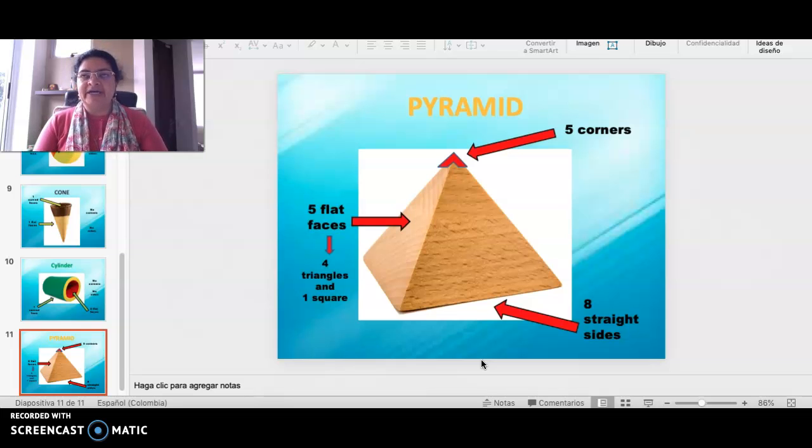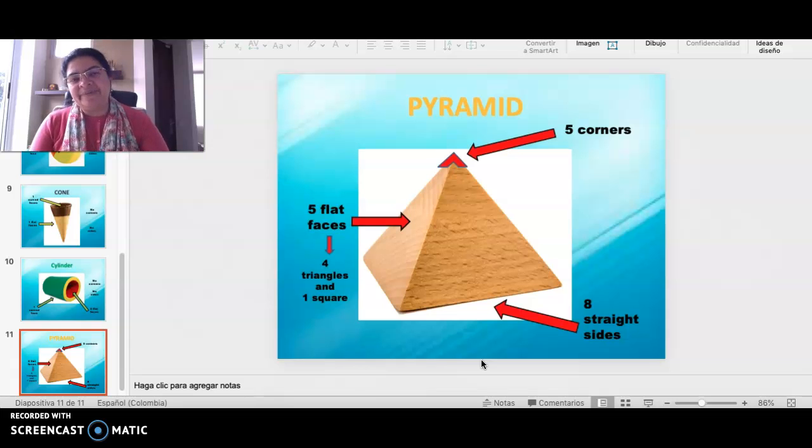I found that the candles of my house are also cylinders. I found that the cereal box is a rectangular prism. I found that my Rubik's cube is a cube. Well, I found many things. Oh yeah, the flower pot in my house is also a cylinder.